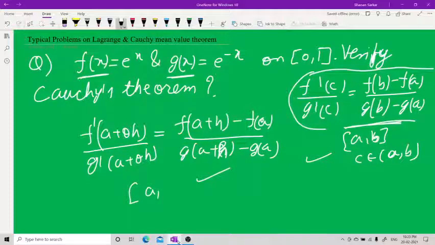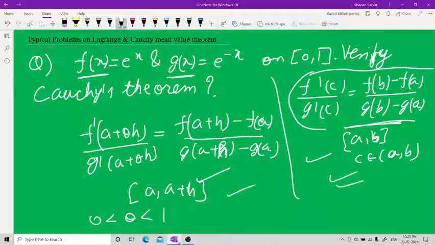The interval was a to a plus h and theta is between 0 and 1. I hope you remember this formula and this formula.